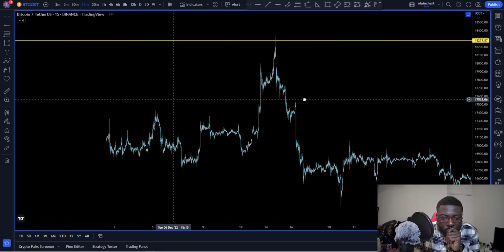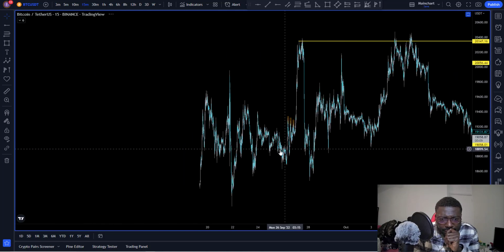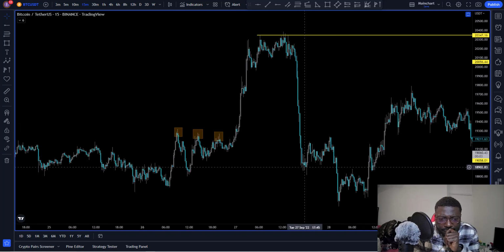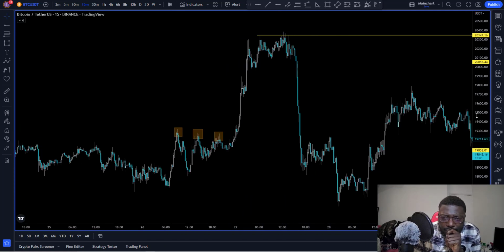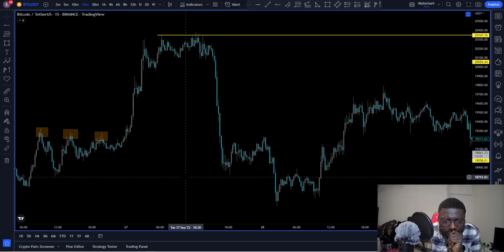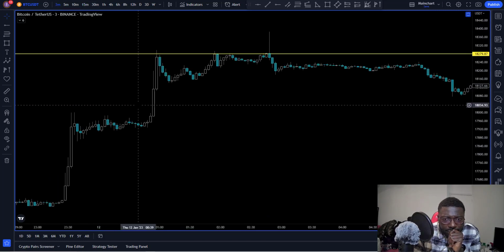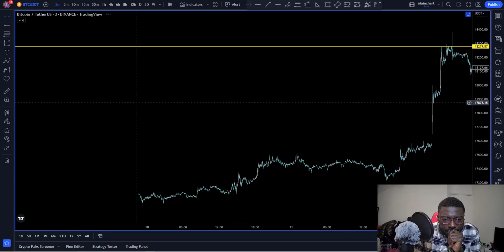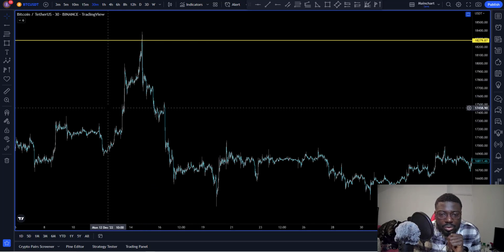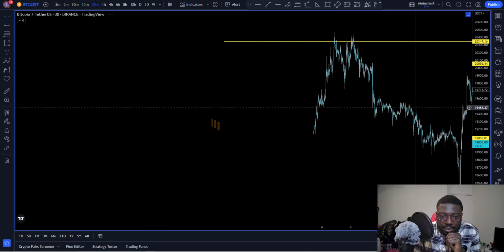Why is it not allowing me to go back? So I'm trying to see if I can zoom in on 3 minutes to show you how that could be a perfect trade for us.